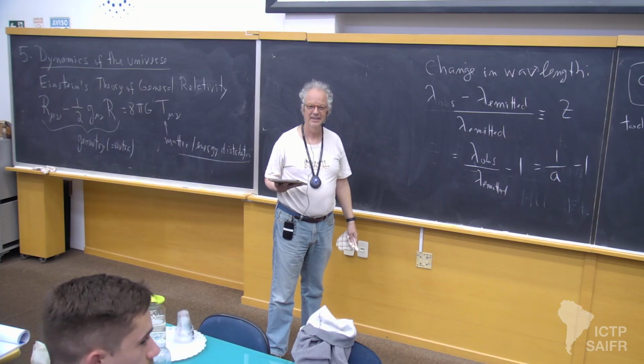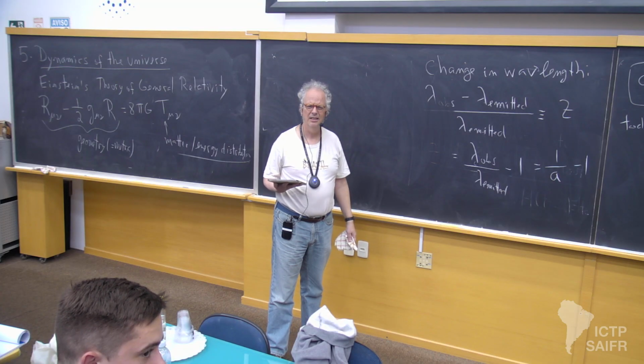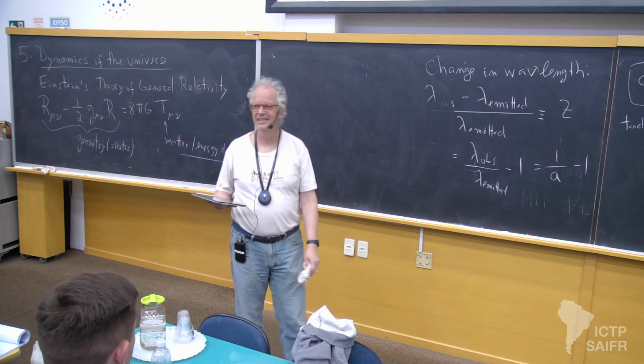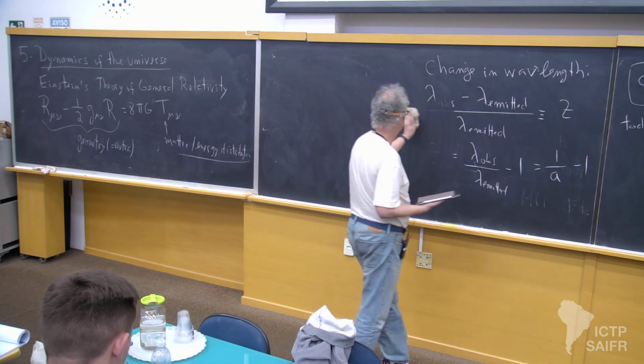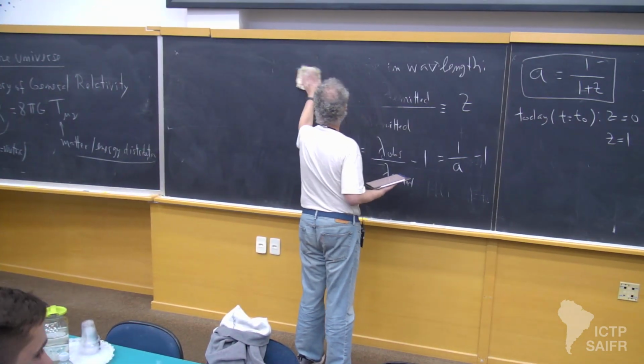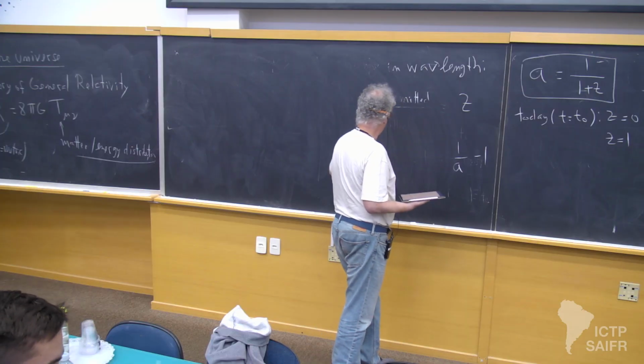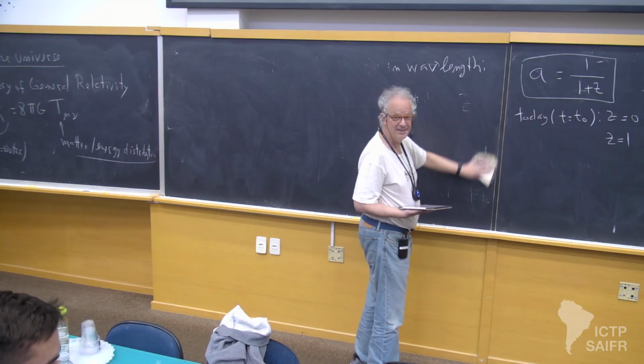I have a question. Are we not going to take into account the cosmological constant? Later. Yes, he's asking whether or not I'm including the cosmological constant, and I will include it later.